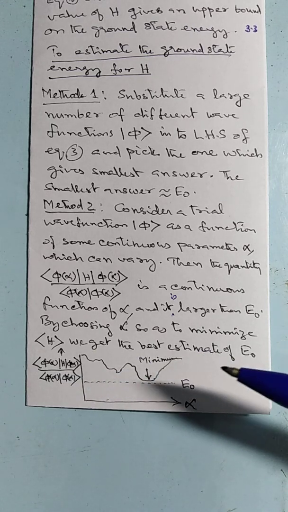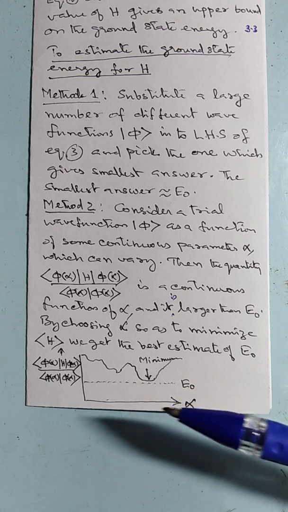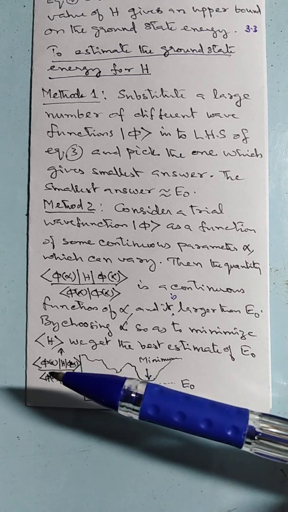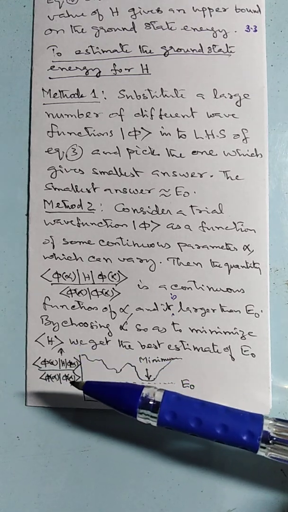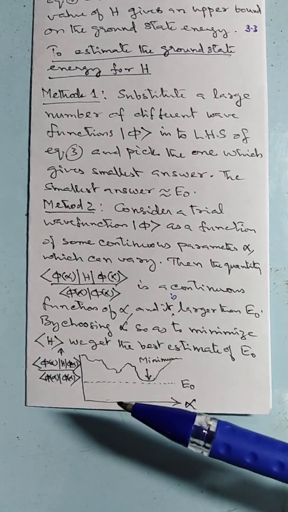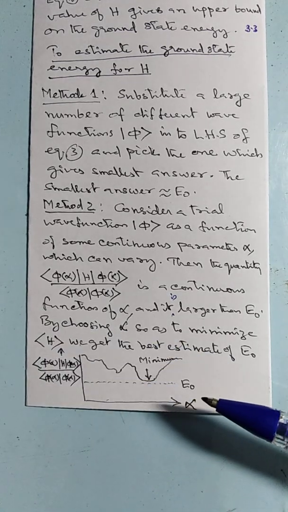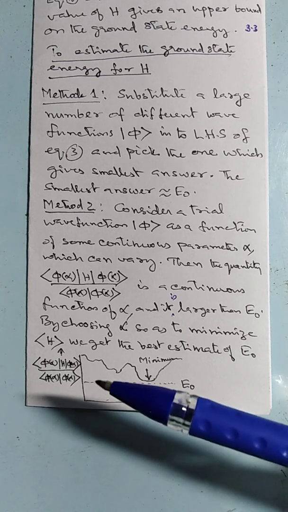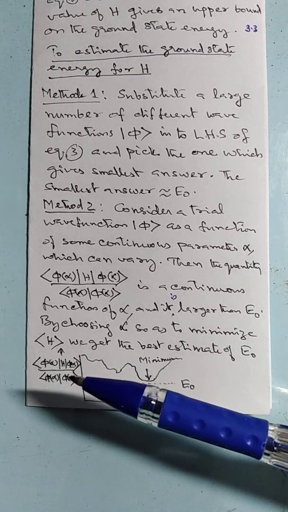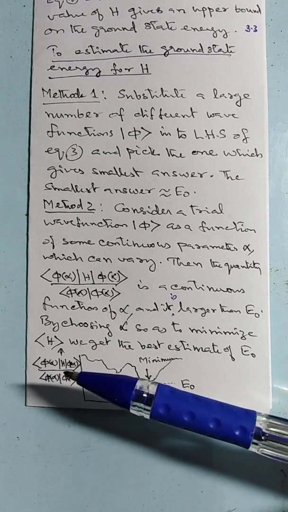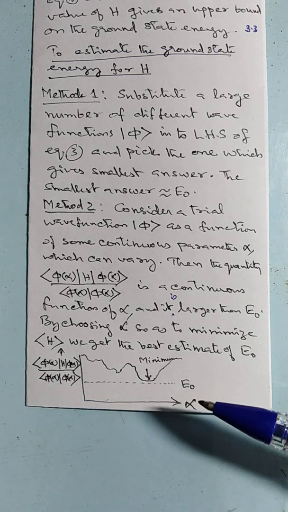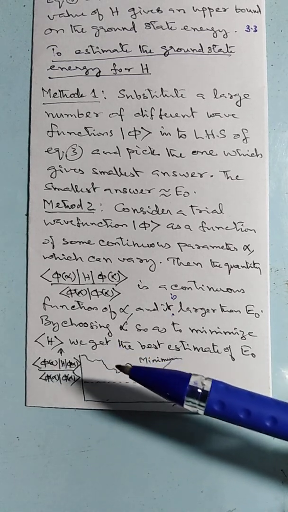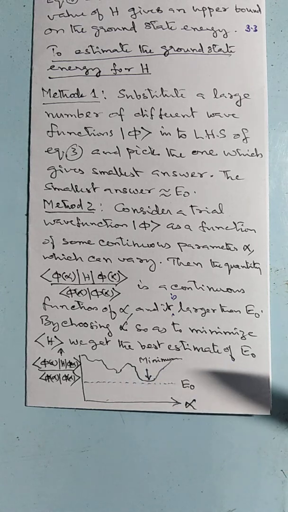For that, we plot a graph of the expectation value of H along the y-axis and the continuous variable alpha along the x-axis. When we find the various values of H for different values of alpha, we get a curve as shown in this figure.